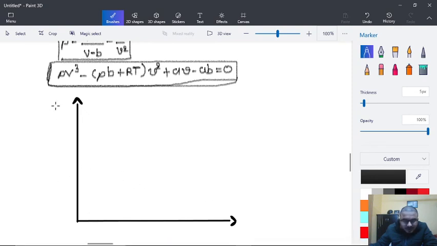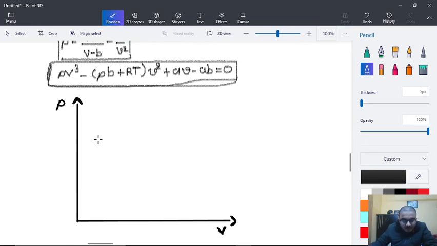So here, let's say P and V. When we solve this equation, we will be getting three roots of volume.